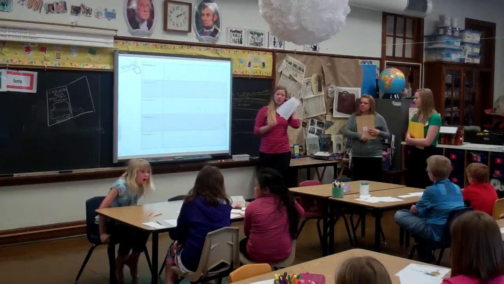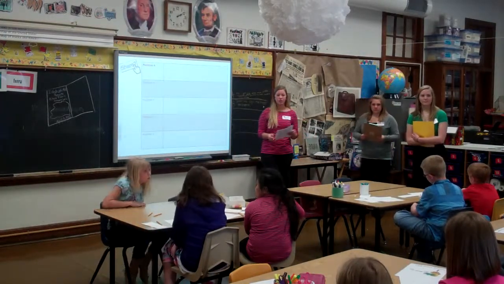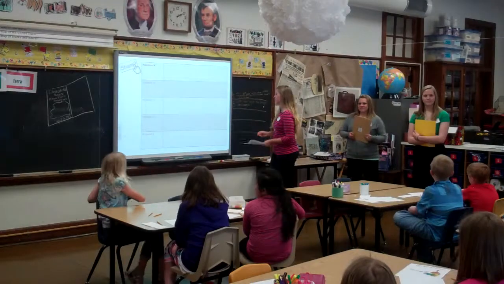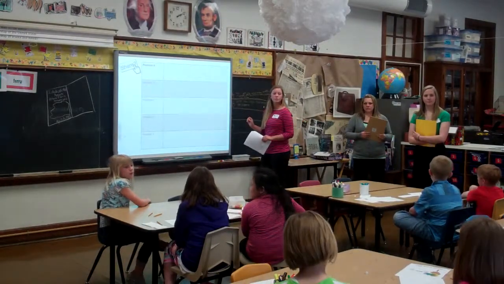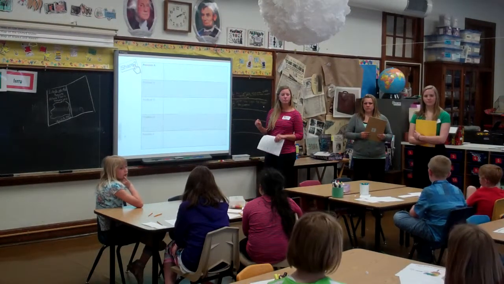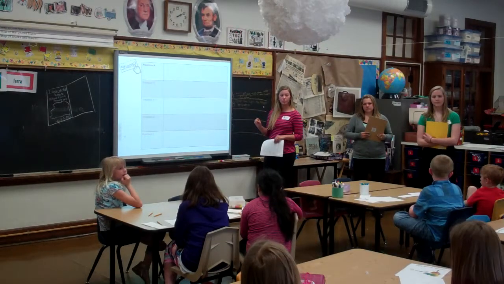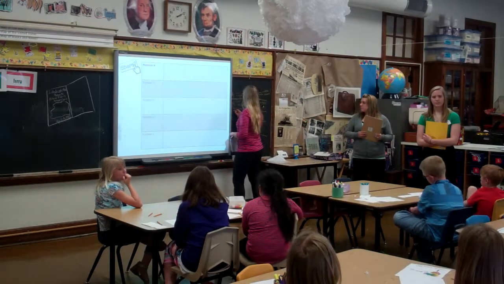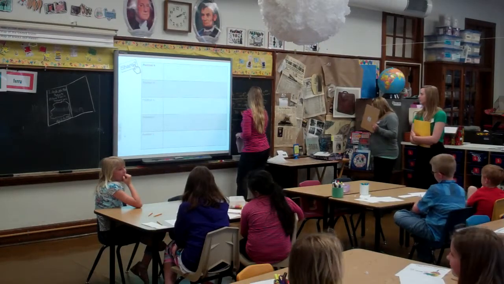Okay, so the closer the light, the bigger the shadow. Does everyone agree? All right, what about position C? The position of the flashlight was farther away, so it made the shadow smaller. Yeah, so that's there.